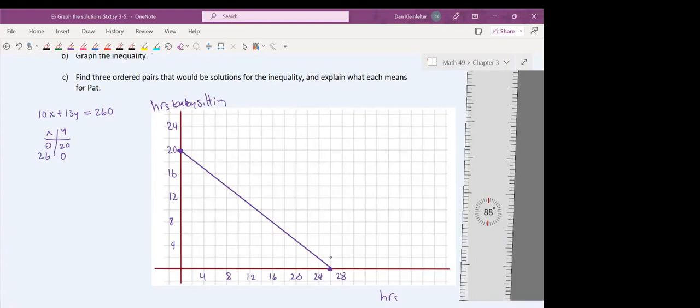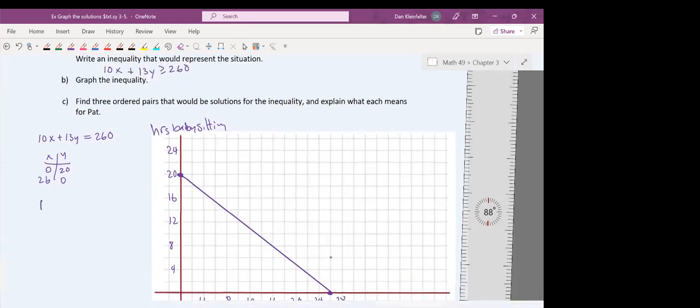All right, so then the next thing to do is to test a number in the inequality. The origin here is a good choice. And that makes some intuitive sense: if Pat doesn't work any hours, then what are the chances that Pat makes $260 working no hours? Pretty sure that's not going to happen, right?